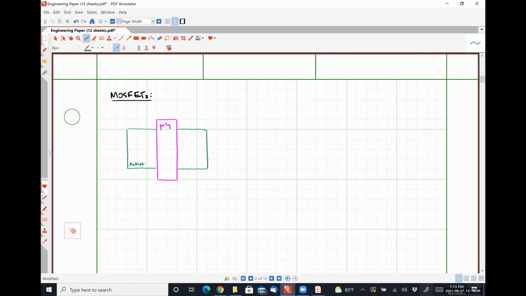As we draw our MOSFET, these are the two parameters that we really have control over, right?